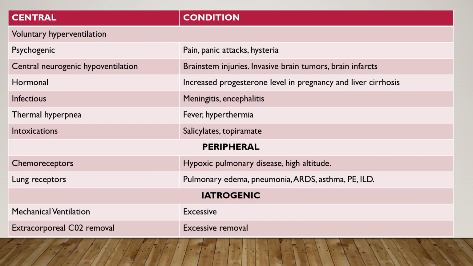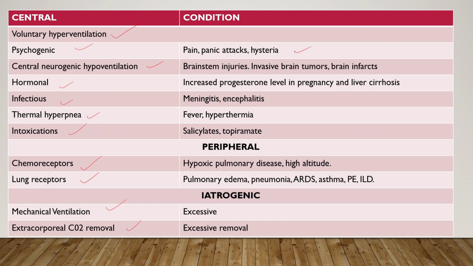What are the examples we get for respiratory alkalosis? Hyperventilation, the perfect choice. Psychogenic, central neurological, hormonal, infectious, thermal, hyperpnea, intoxications, chemoreceptors, mechanical ventilation, extracorporeal CO2 removal. Whatever conditions wash out CO2 can cause respiratory alkalosis.